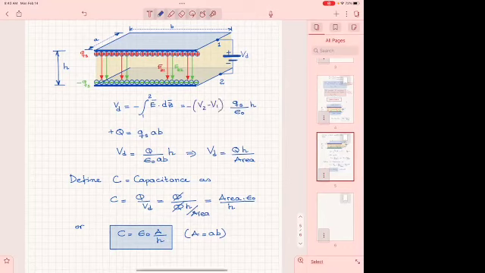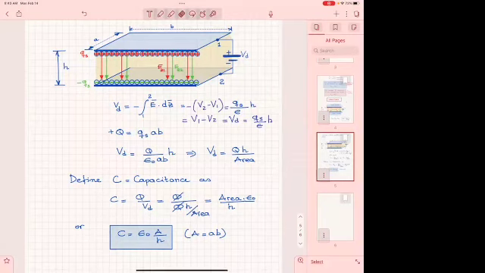But V2 is negative and V1 is positive, so practically that gives us V1 minus V2, which is V sub D, which is Q sub S over epsilon H, because now we have a dielectric in there.